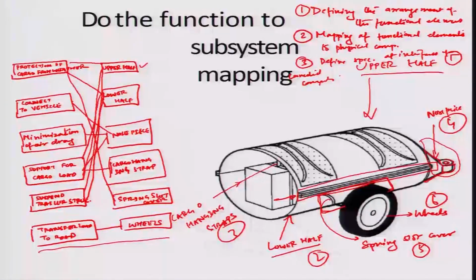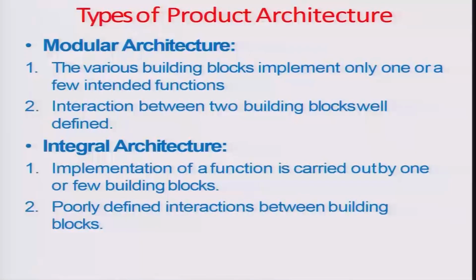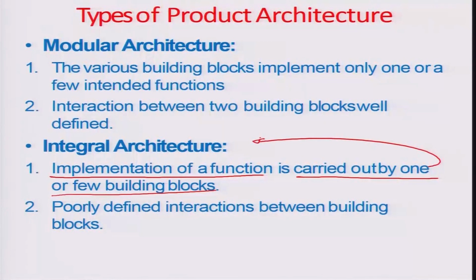So, you have learned in short how you can modularize a product architecture, or you can study architecture in terms of simpler and complex modularities. As I told you earlier, if this sort of approach changes to a situation where the implementation of a single function is carried out by one or more building blocks of a particular product, then we would regard the product as an integral architecture. In such architectures, it is very common to have poorly defined interactions between the different building blocks.